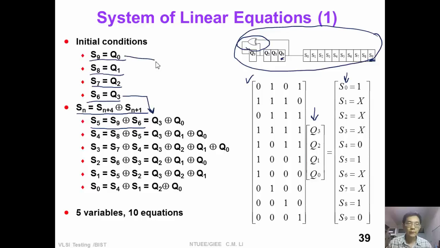So we have S5 equal to q3 inclusive OR q0. We have this equation. Similarly, we can produce the other equations in the same way. Totally, we have a linear equation system of 4 variables and 10 equations.